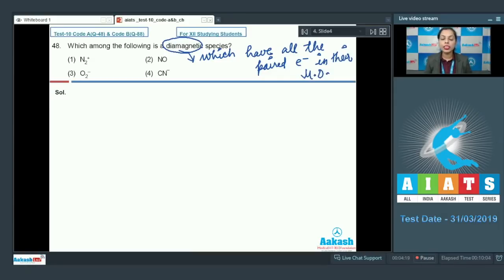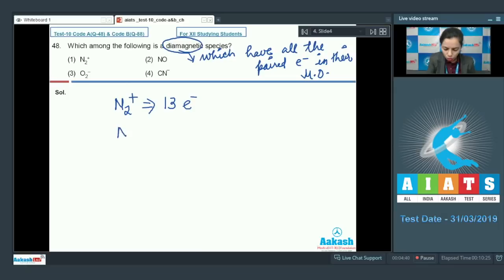Now, on this basis, we have to first check the number of electrons present there. N2 plus. And if we talk about this N2 plus, how many electrons would be there? The total number of electron, N2. Atomic number of nitrogen is 7. So the number of electron becomes 13 in this case, because this is N2 positive, 14 minus 1 electron.